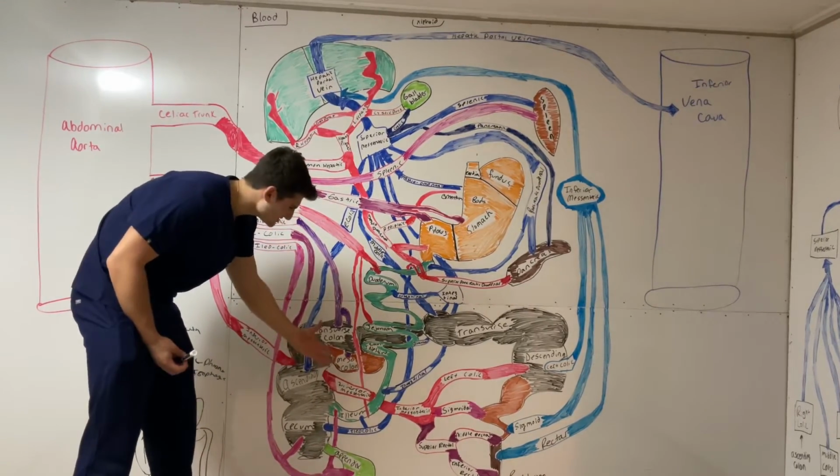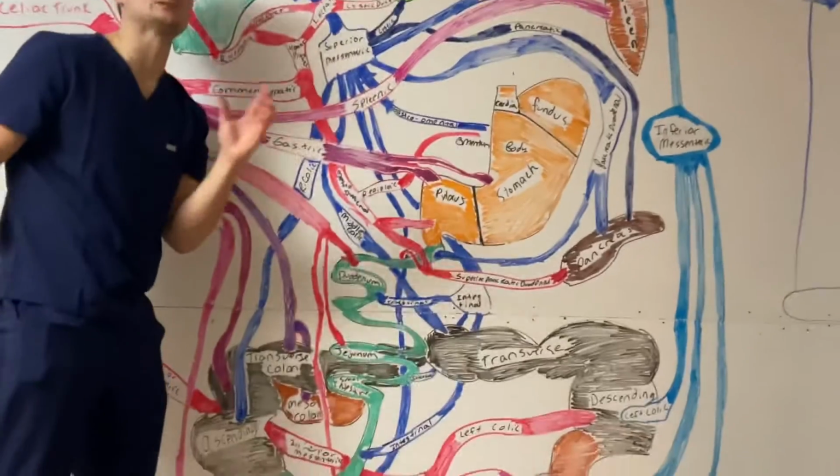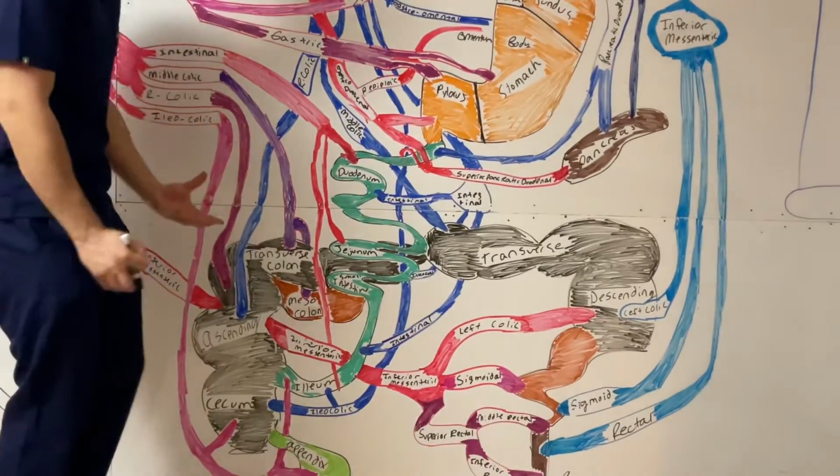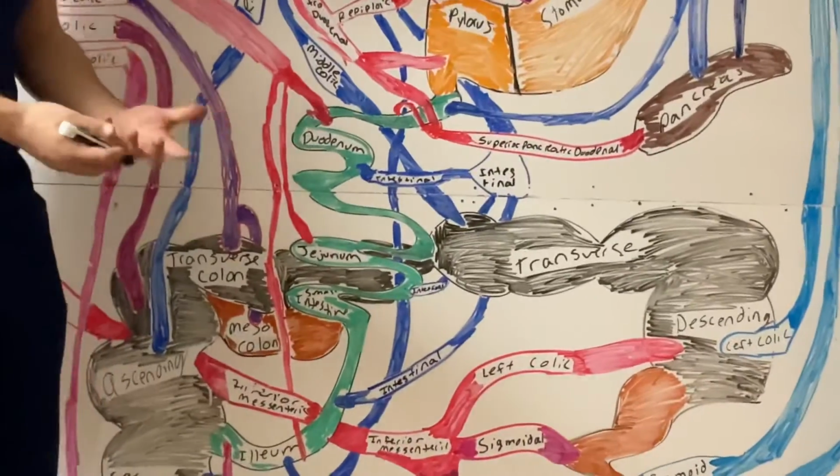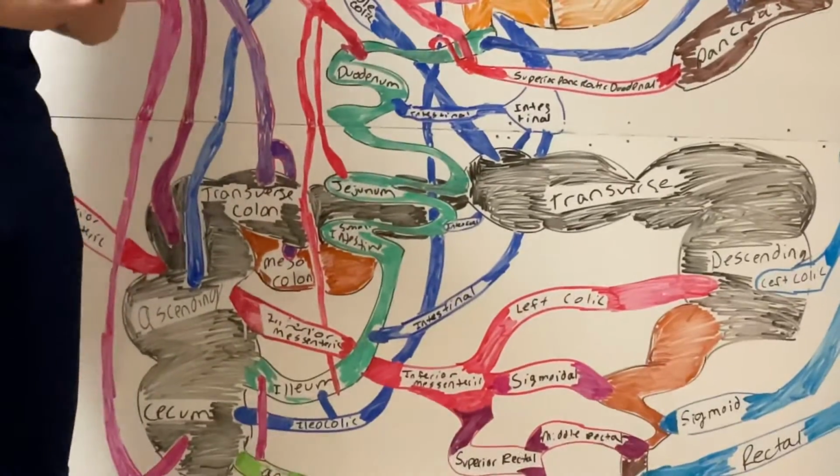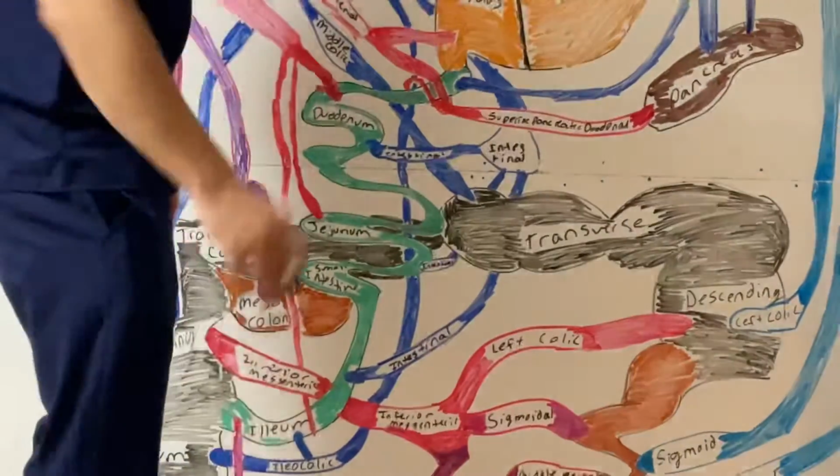The mesocolon, basically, I wouldn't say it's specifically connected to the large intestine, but it's basically like an anchor. It connects the large intestine to the back anterior wall of the stomach. We'll get there.